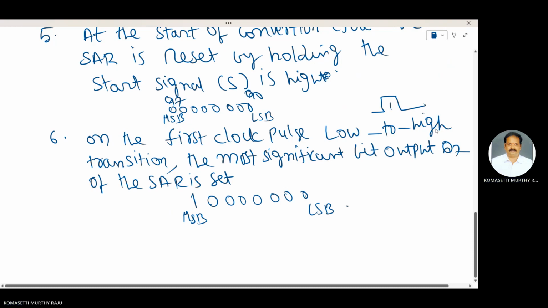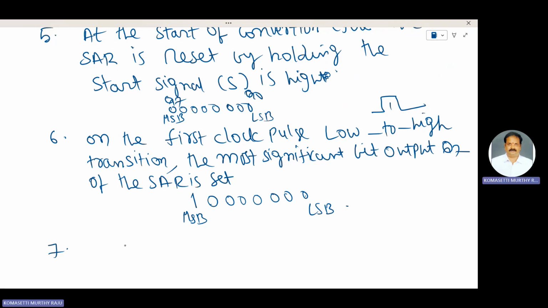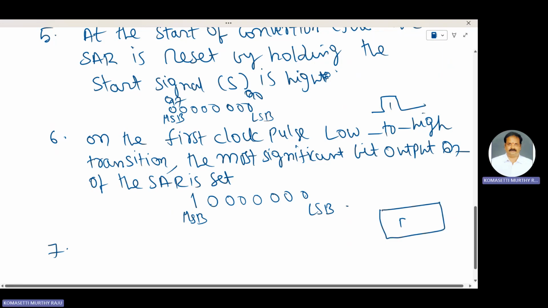The digital to analog converter then generates an analog equivalent of that digital data, which is compared with the analog input. The 7th point is to convert this data into its decimal equivalent. This 8-bit data is applied to the digital to analog converter.